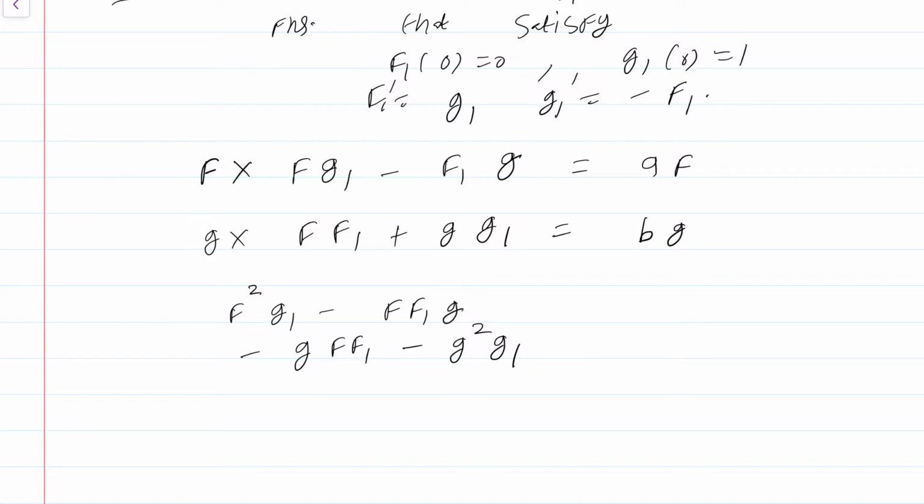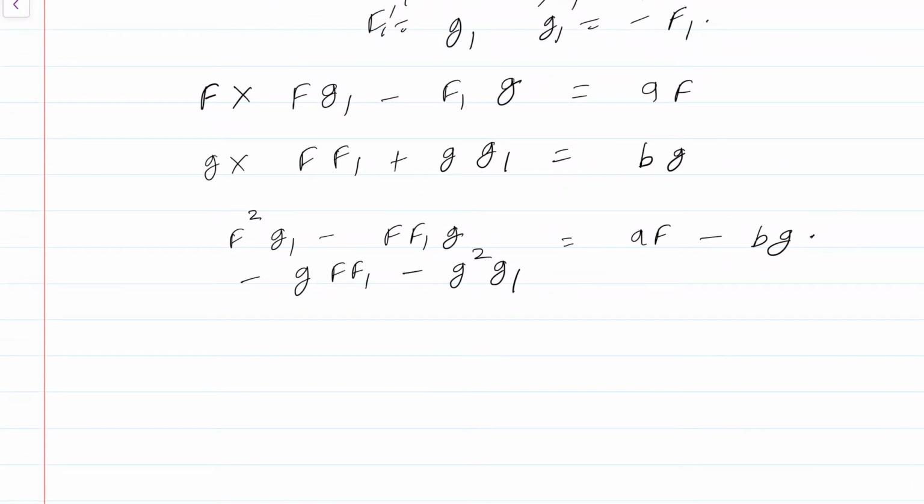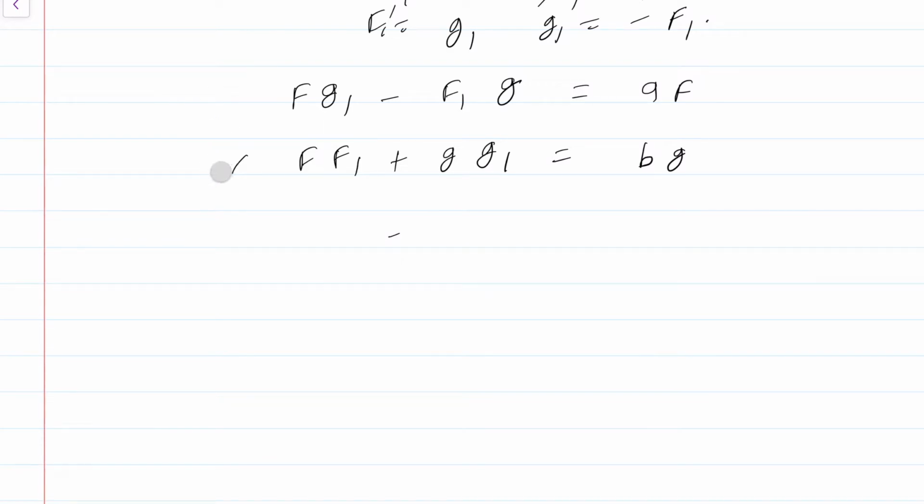This is equal to af minus bg. Fine. So now what we do is we already know that f squared, oh wait a second, I did the wrong multiplication, just a second. Yeah, these things are a bit of trial and error, so this is a part of the natural process of learning. What we'll do is we'll multiply the first equation by g and the second equation by f.